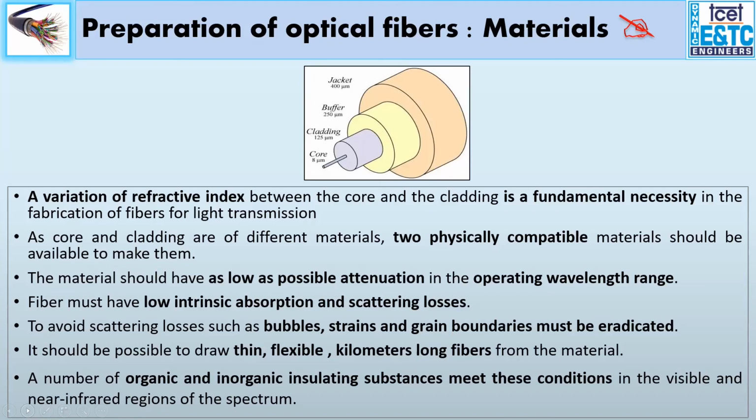And there could be an interference when multiple modes are traveling, and that may result in a new refractive index called the group refractive index, or the effective refractive index, that will be there when multiple modes are traveling through it. So in that case, the group velocity is given by c by ng, where ng is equivalent to n minus lambda del n by del lambda. So this is what we have seen.